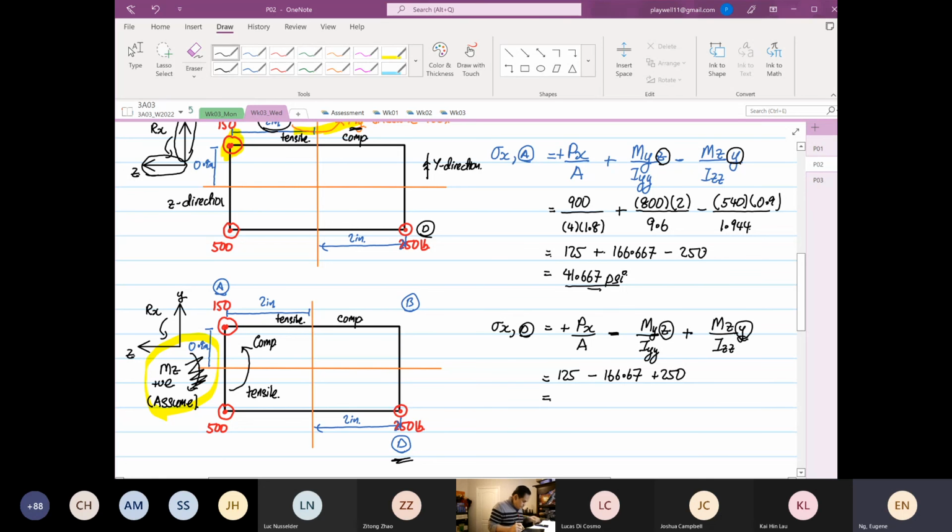So this becomes 125 minus 166.667 plus 250, which is equal to positive 208.333 psi.